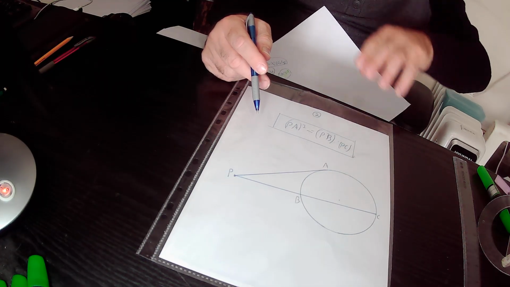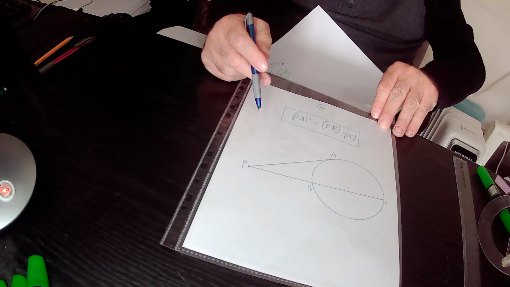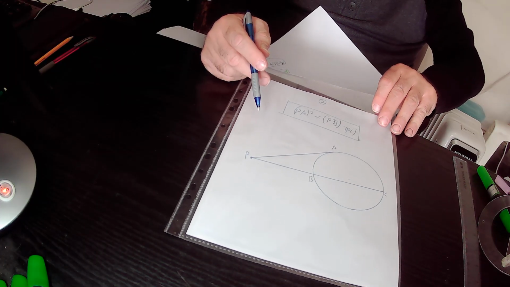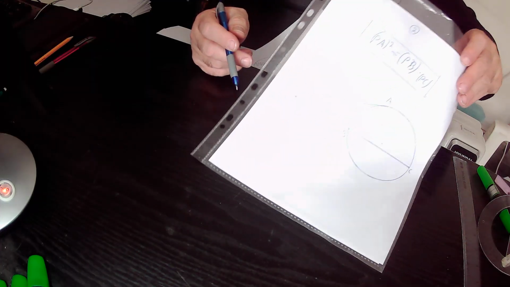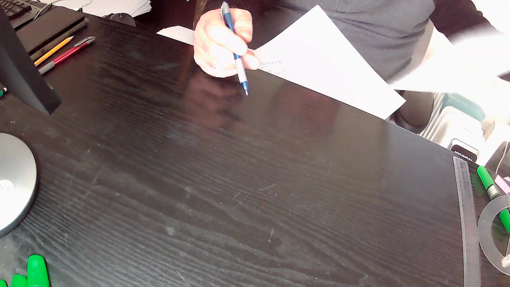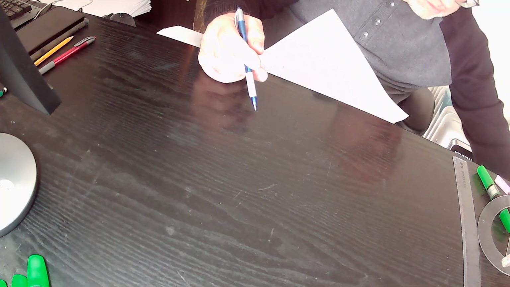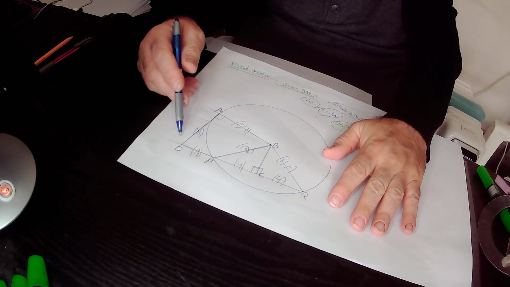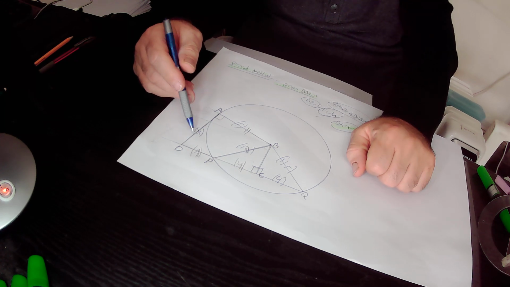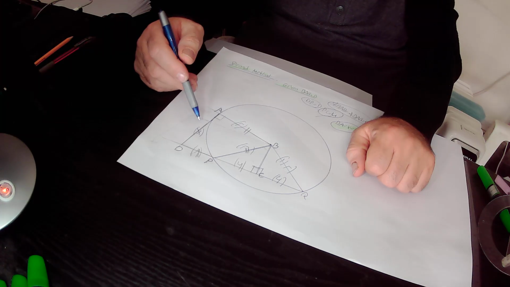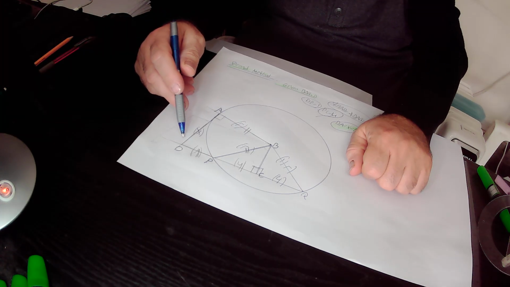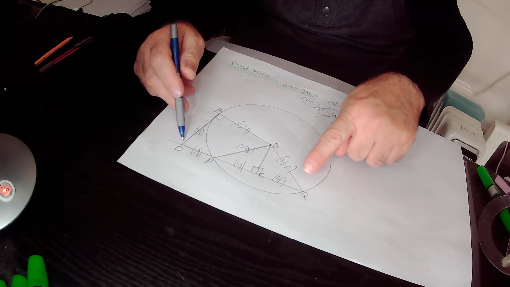So we can implement the tangent secant theorem in our drawing, as I already mentioned before. All the requirements of the tangent secant theorem are satisfied. From the common external point D, we have tangent DA, that is tangent to this circle at point A. Likewise, from the same common external point D, we have secant DQ.